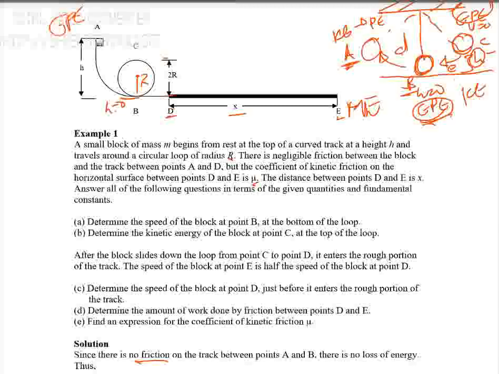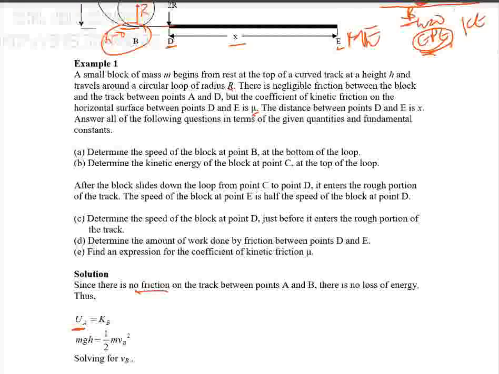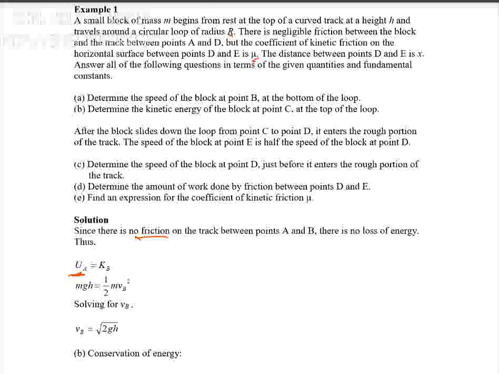Therefore, this gravitational potential energy at A is equivalent to the kinetic energy at B. Therefore, mgh is equal to 1/2 mvB squared, and solving for vB, you can get this equation.